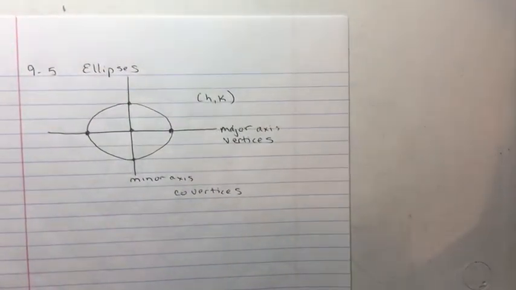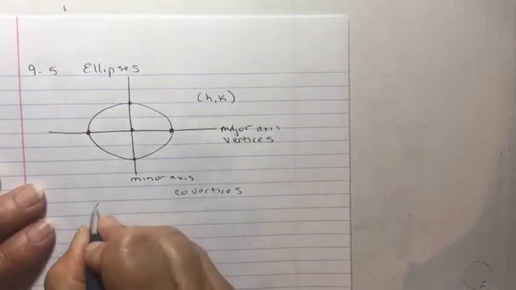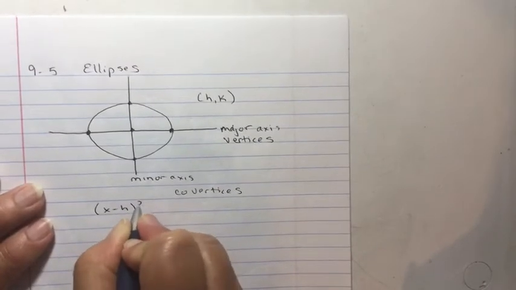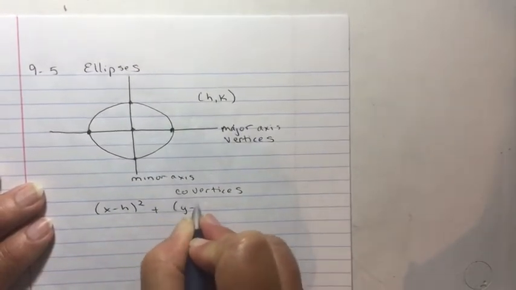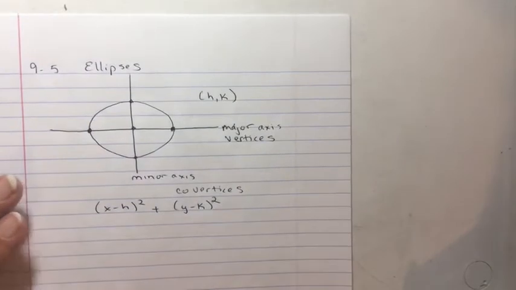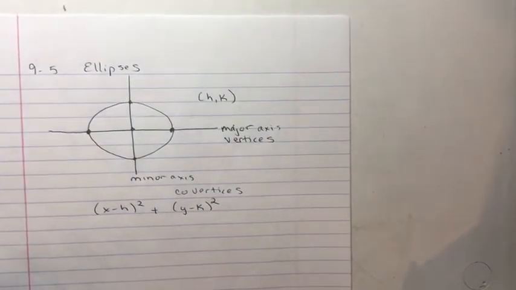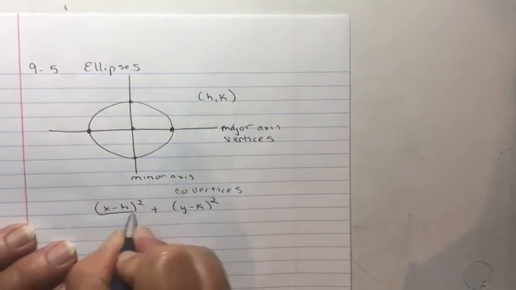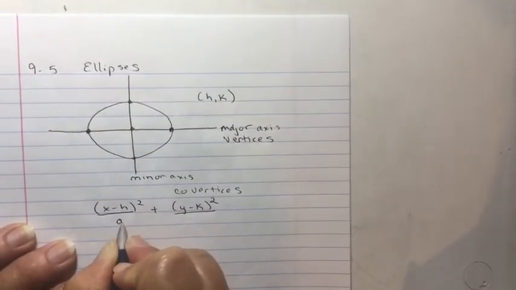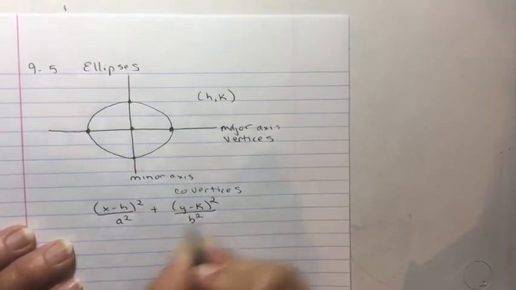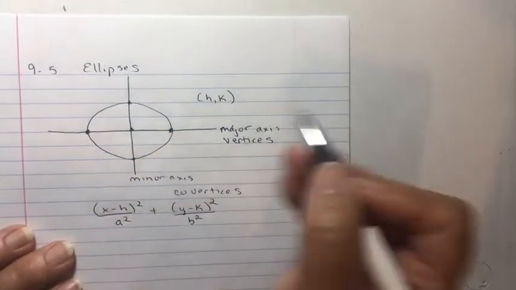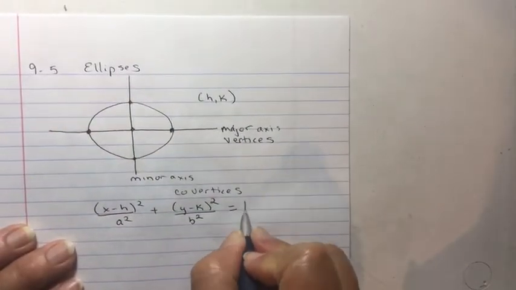There is a general form for an ellipse: (x minus h) squared and (y minus k) squared. That should look very familiar. We've done lots of functions that use a pattern similar to that. Now, these are going to go over a squared and b squared, and that's going to give you a 1.